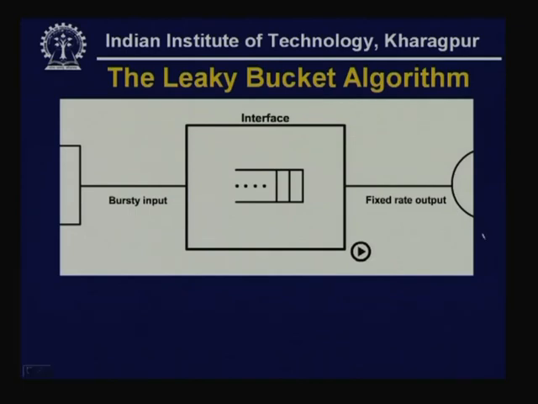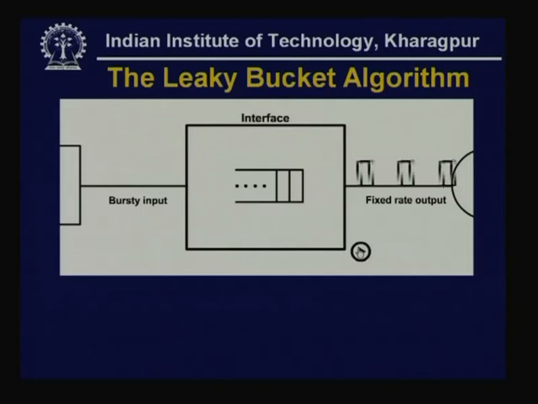So in the leaky bucket algorithm, the input is again burst in nature, and as we have already discussed, the leaky bucket generates output in a uniform manner. So this is the limitation.